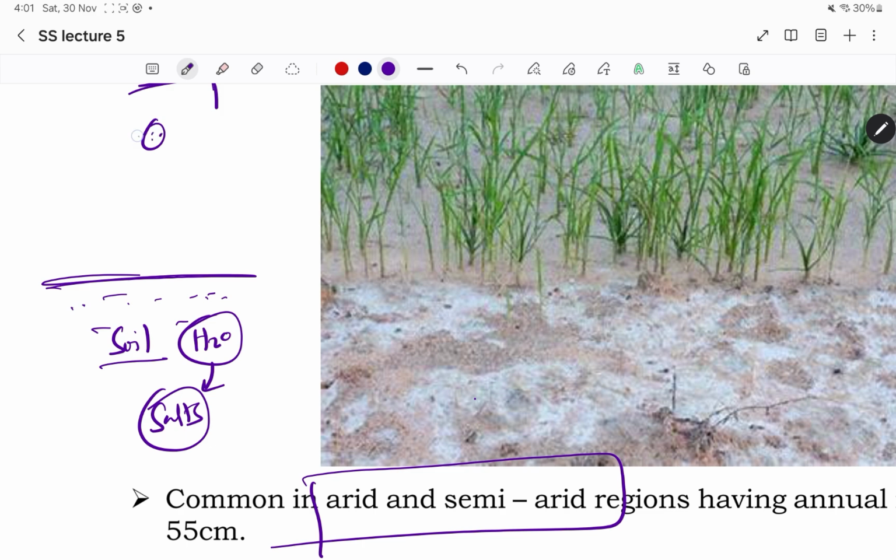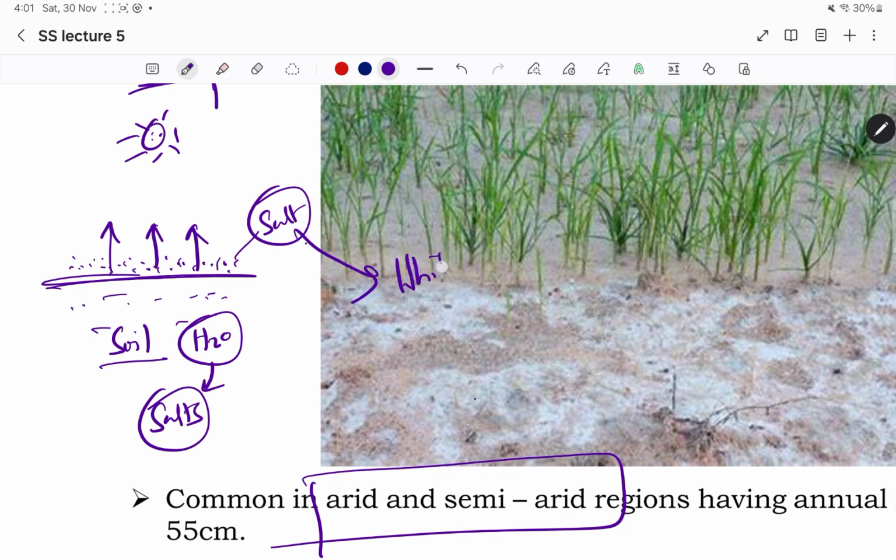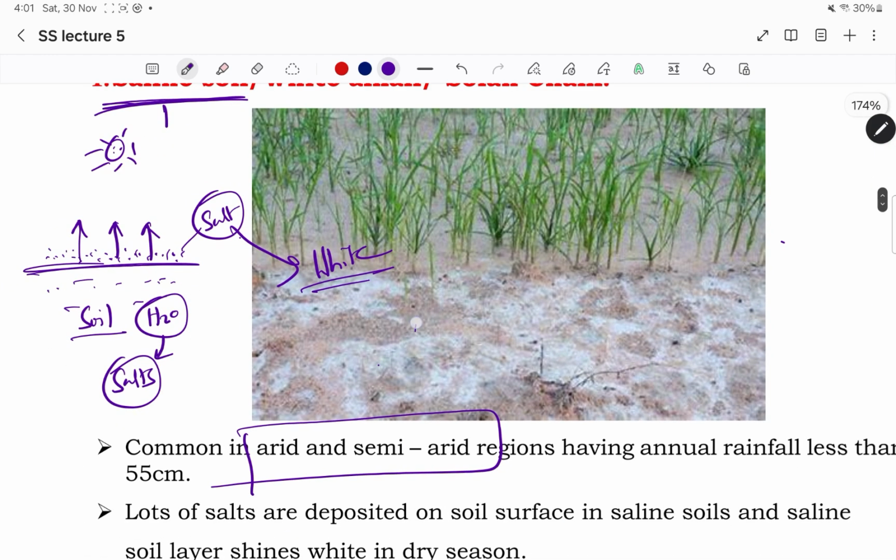When there is a high temperature, for example this is the sun, water gets evaporated, but whatever salt is present in the water accumulates on the surface. This is all the salt. So we know the salt is white in color. You can see here.